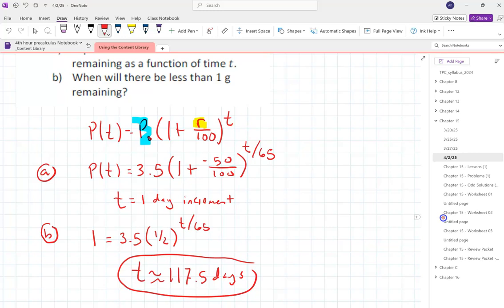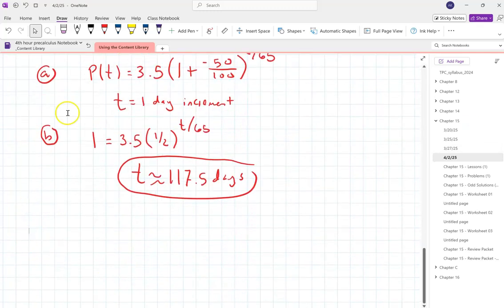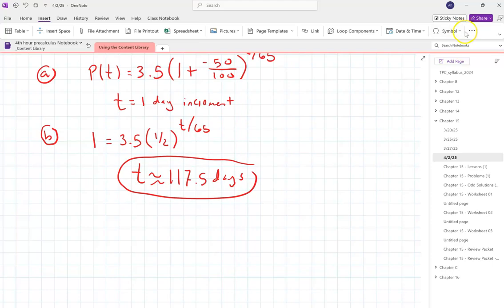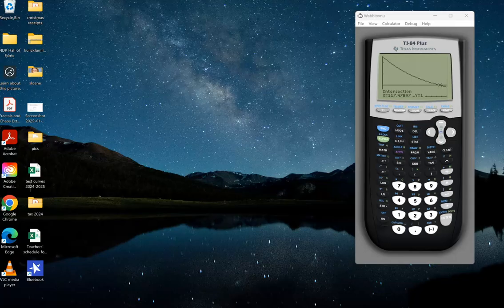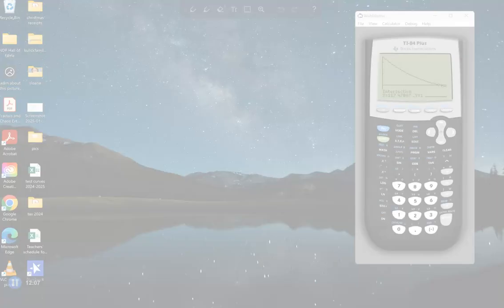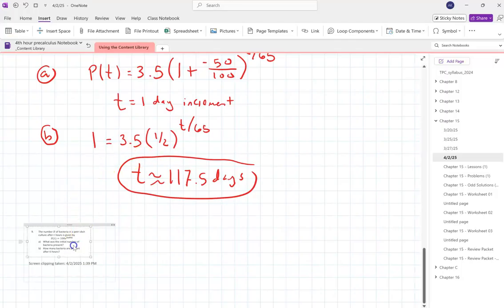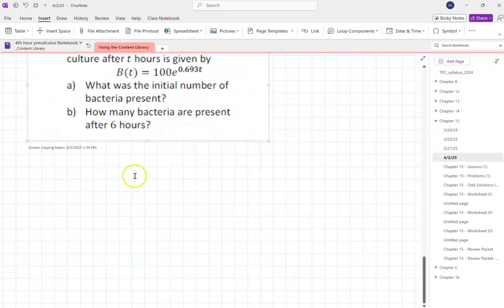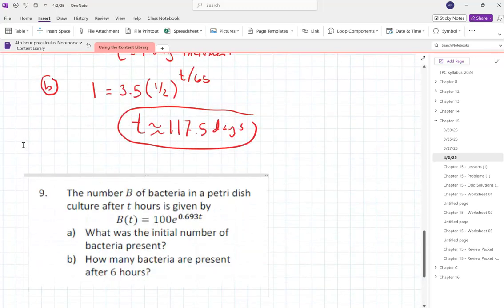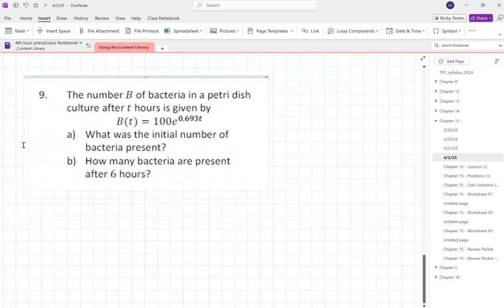All right. Last call on questions here before we start on to the new stuff. Number 9, please. The number of bacteria in a petri dish culture after T hours is given by yada yada yada.